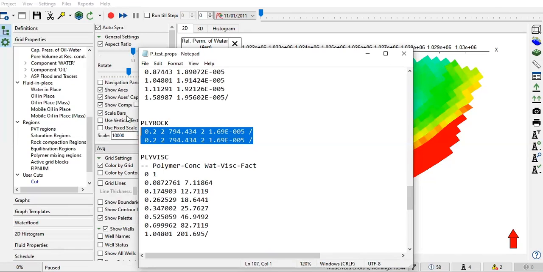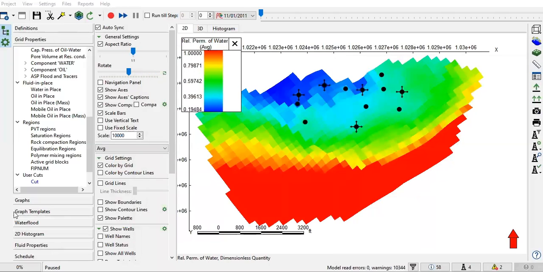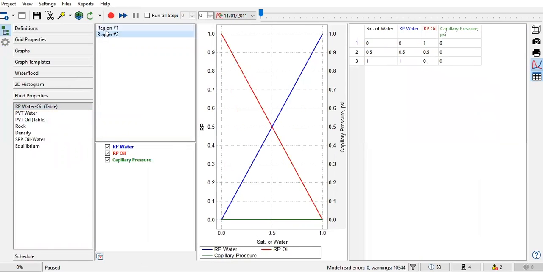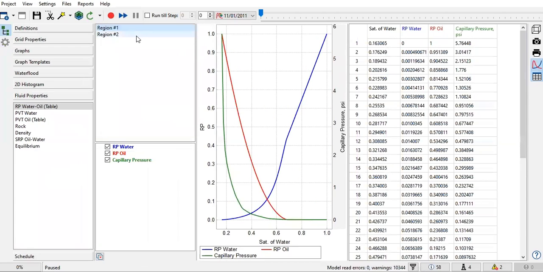And here, if we check the fluid properties for the relative permeability, we have two regions, but region 2 will be only meaningful in high concentration of surfactant. But because we don't have any surfactant here, region 2 will be meaningless, and only region 1 will be applicable.